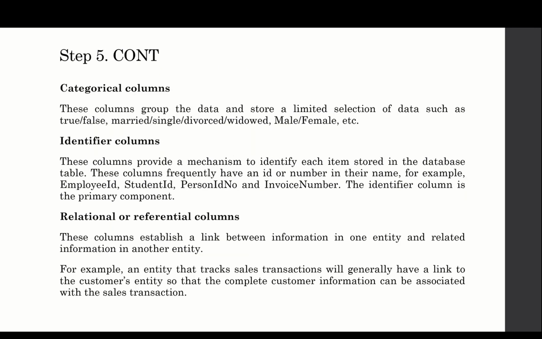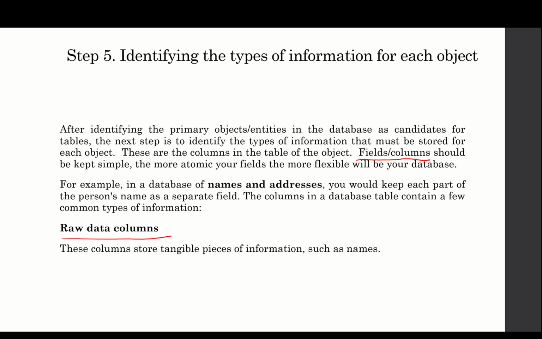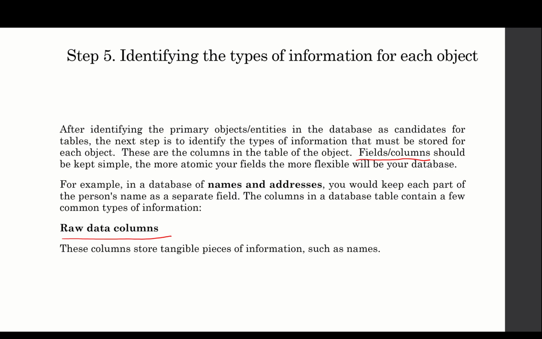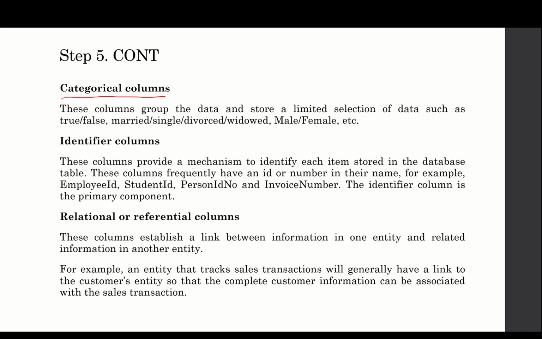In other types of information, you need to identify categorical columns such as marital status, gender, or for example qualification. Maybe someone is a bachelor or a master's, so we call them categorical columns. So there you will identify the raw data columns, then categorical columns.